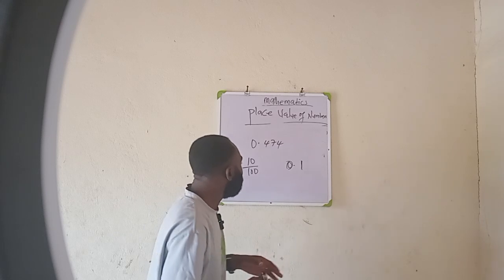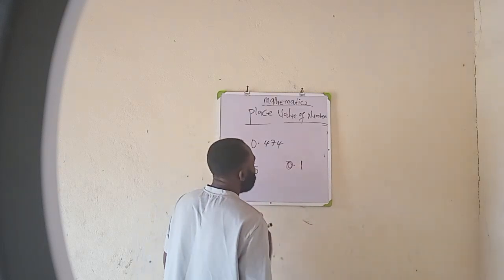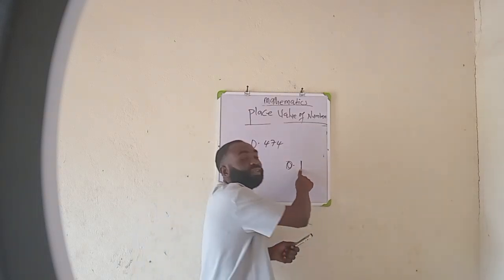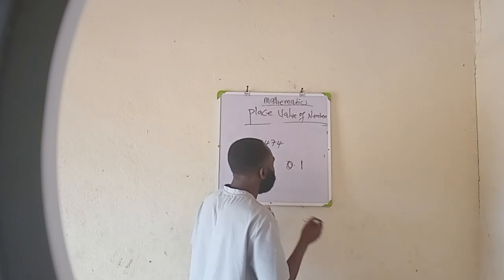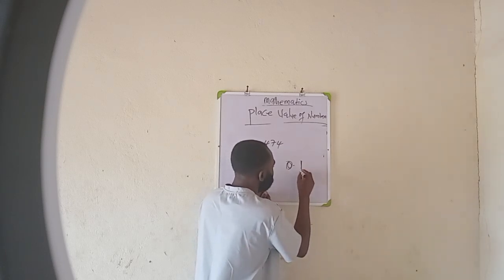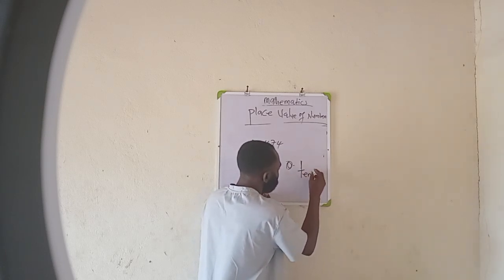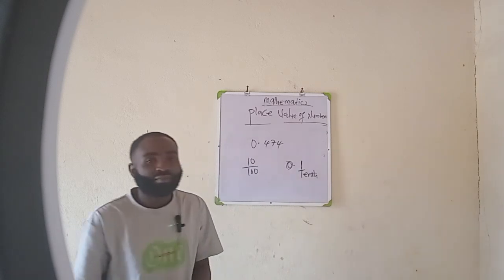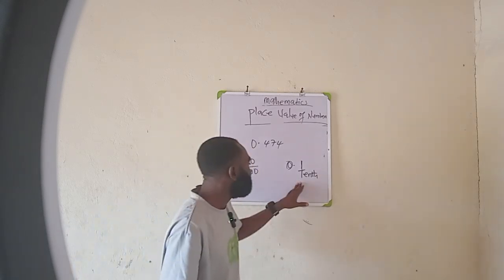So after the decimal point, you cannot call this number here units. This is tenths. It is tenths, and it is no longer ten but tenths.